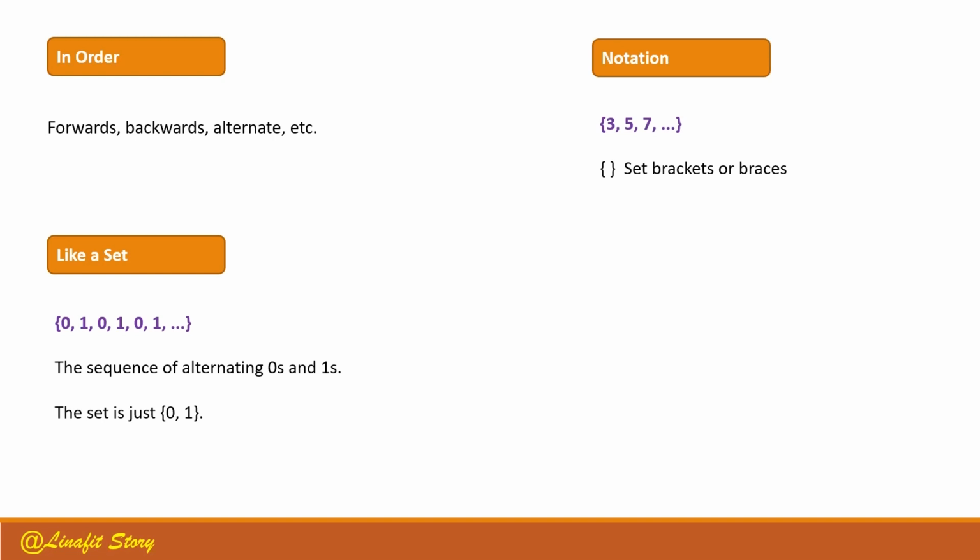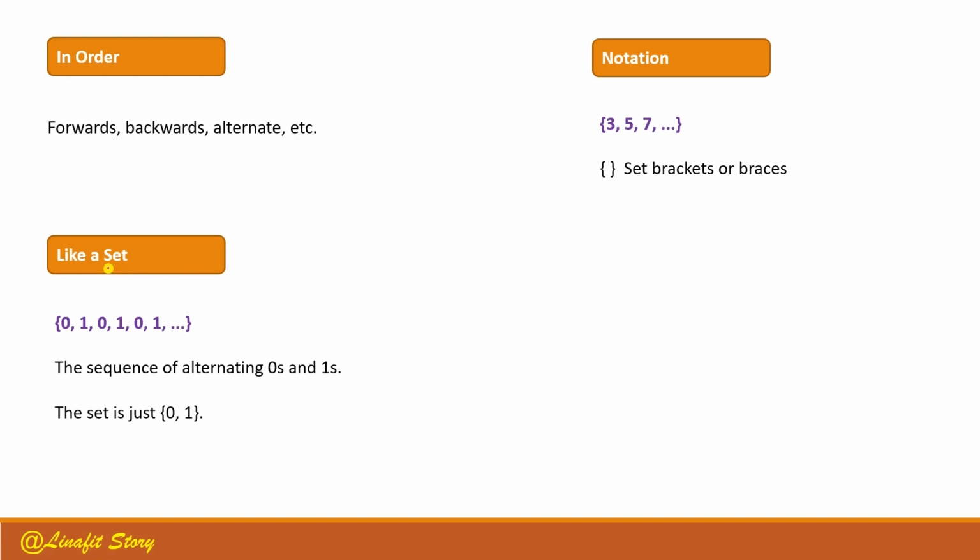In order. When we say the terms are in order, we are free to define what order that is. They could go forwards, backwards, or they could alternate, or any types of order we want. Like a set. What does it mean by a set?